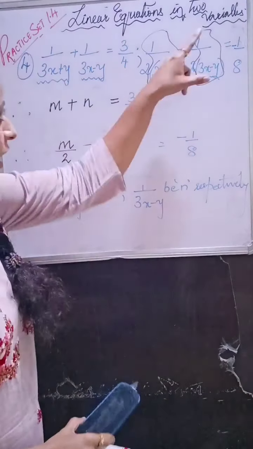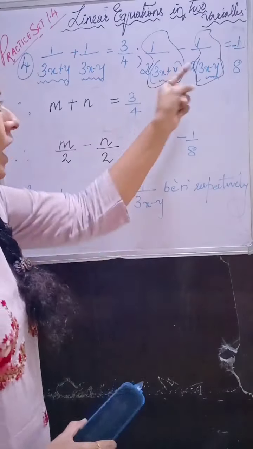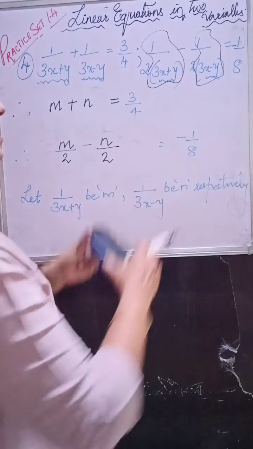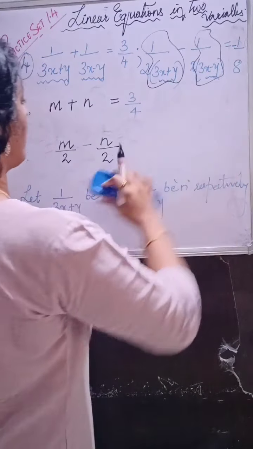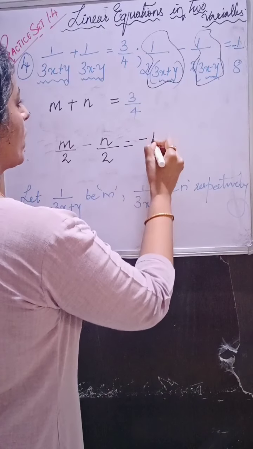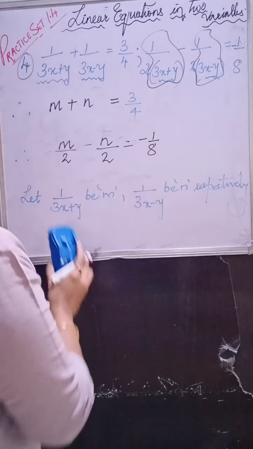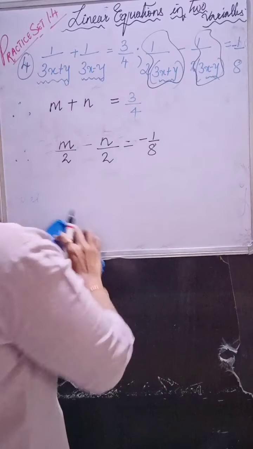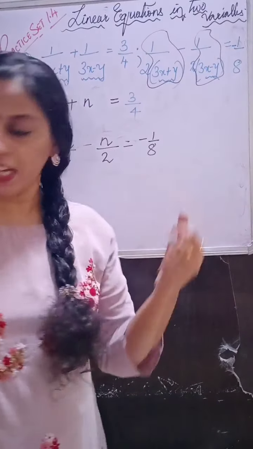So there I wrote n, and down you have the remaining 2, is equal to minus 1 upon 8. Fine. So this is the twist of the last question.